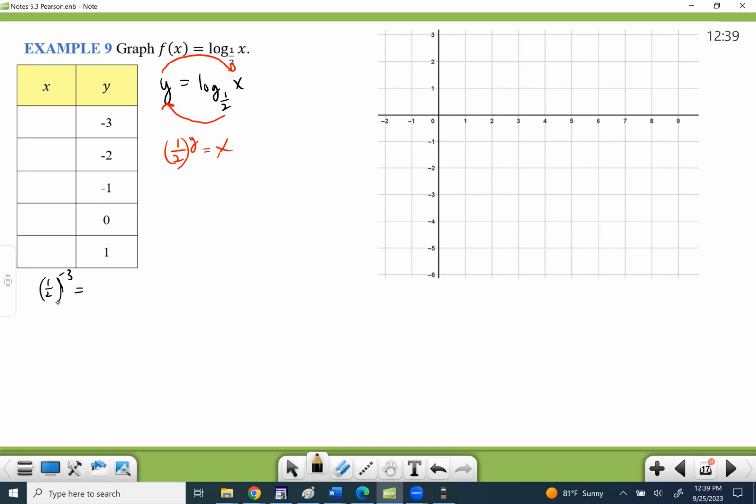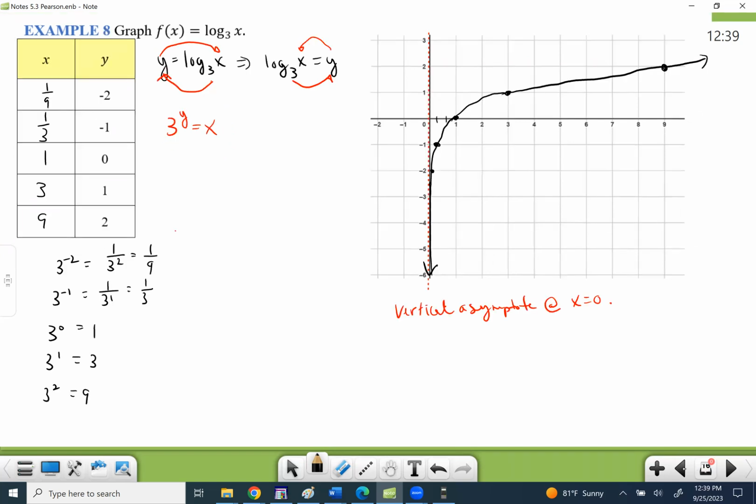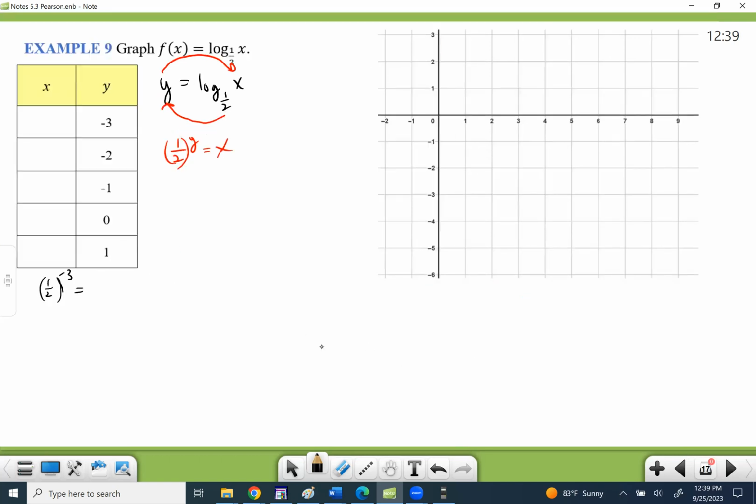Okay, so when you have a negative exponent, that's when you move things, right? Like if you recall, this 3 went down to the bottom, and it's actually over 1, and that 1 went up to the top. So you could think of it that way. In this case, the same thing is going to happen. We're going to move, so it's going to flip, and it's going to be to the positive 3rd power.